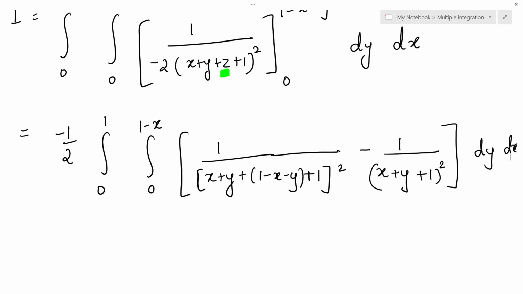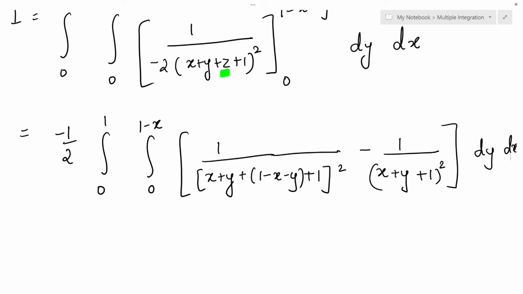Now if I simplify this, what do I get? X plus y, and this x will get cancelled, and y will get cancelled. So you will be left with just 1 upon x plus y plus 1.